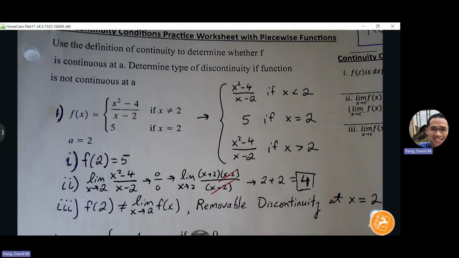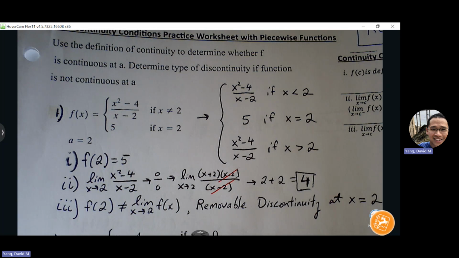And I just want to show you real quick why, if you're still wondering, we don't have to go through one-sided limits. This goes back to number 1. Number 1 has the same structure as number 7. See that x doesn't equal 2. That means x squared minus 4 over x minus 2 is for x less than 2, and it's also for x greater than 2. So this is kind of a shorthand way of writing it, right? If you look at this and say, maybe I can do one-sided limits here, then that's true.